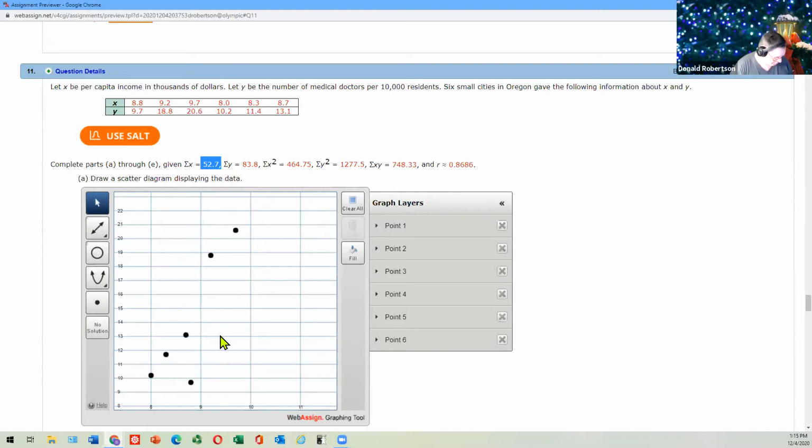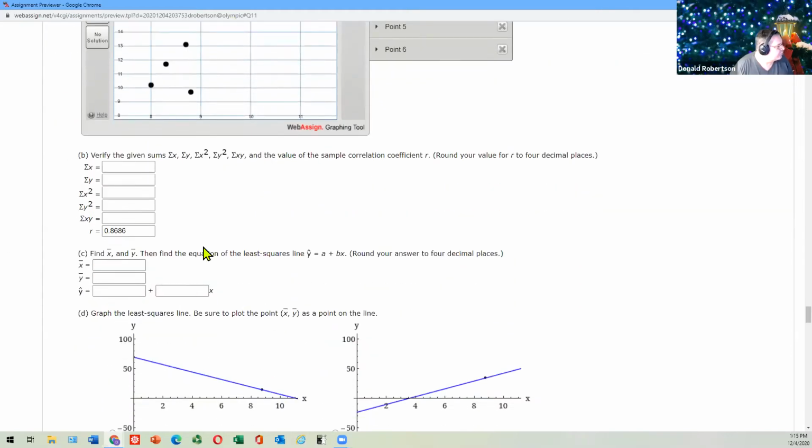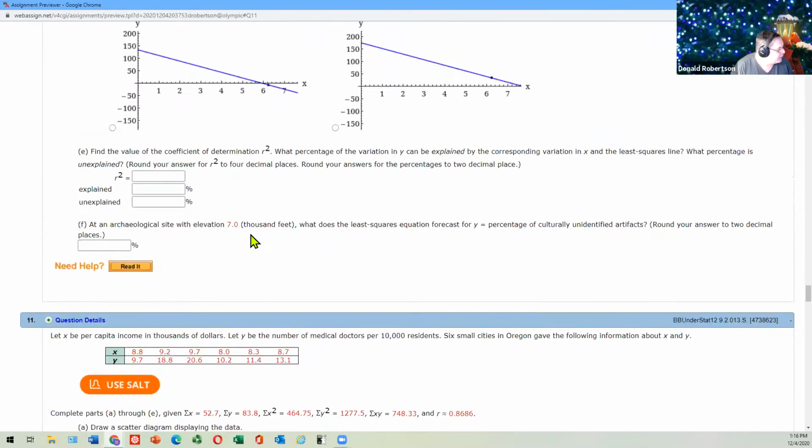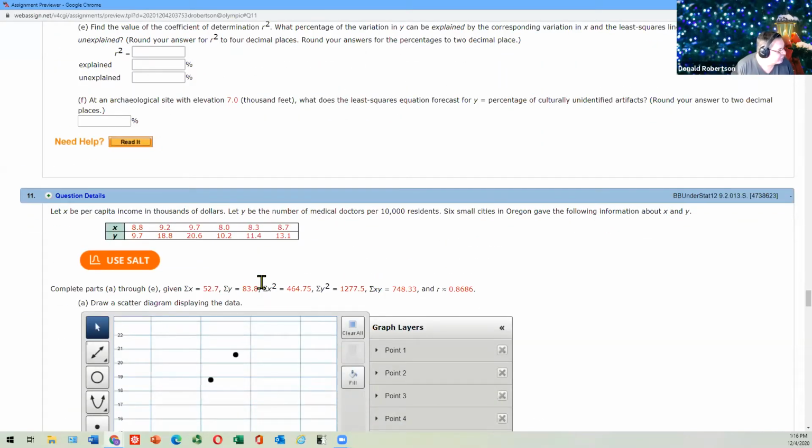And the mean is 8.78 and lots of threes. Now, if I wanted to get Y bar, I can just use this number here, which is sigma Y. That means the sum of the Y's. And I take 83.6 and divide that by 6, and I get the answer 13.93.